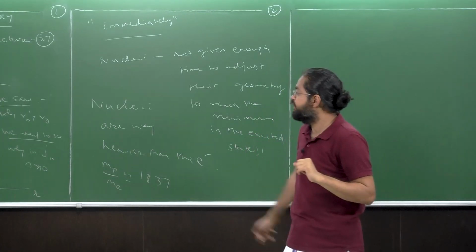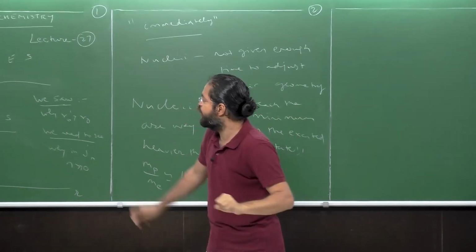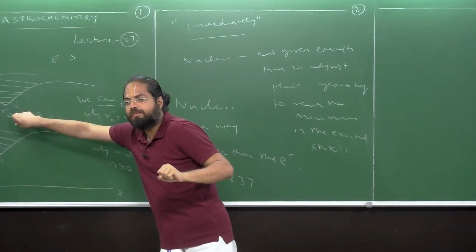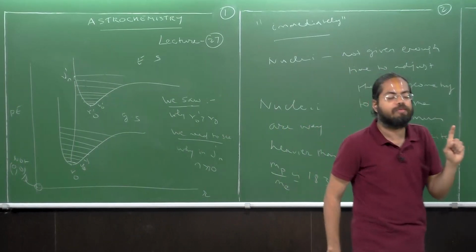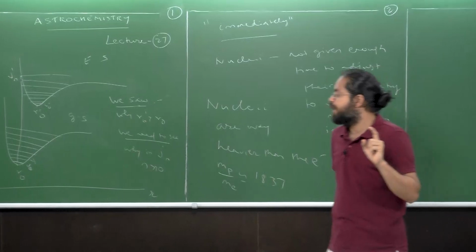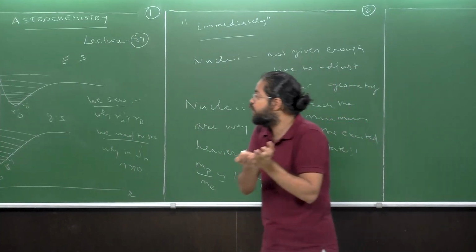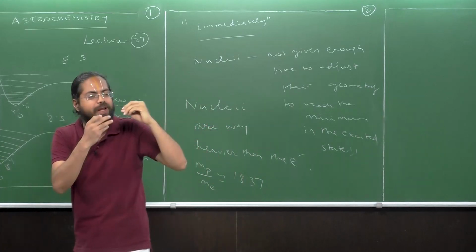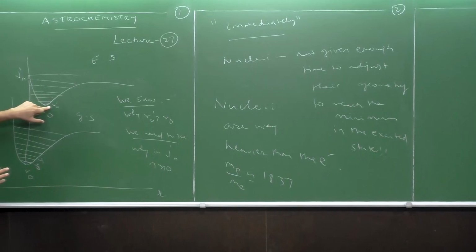So the nuclei take much more time to adjust to a new equilibrium in the excited state. However, please note that the electrons can easily get excited. As a result, you invariably do not reach the ground vibrational state.